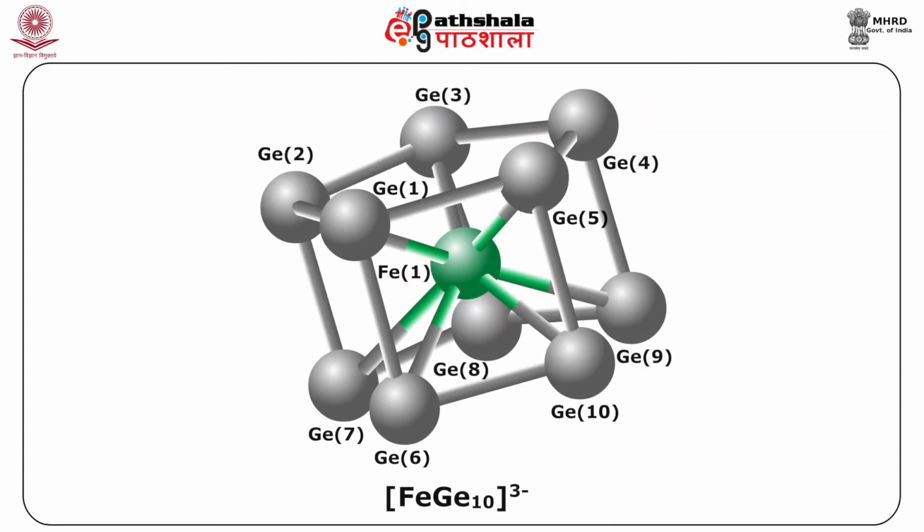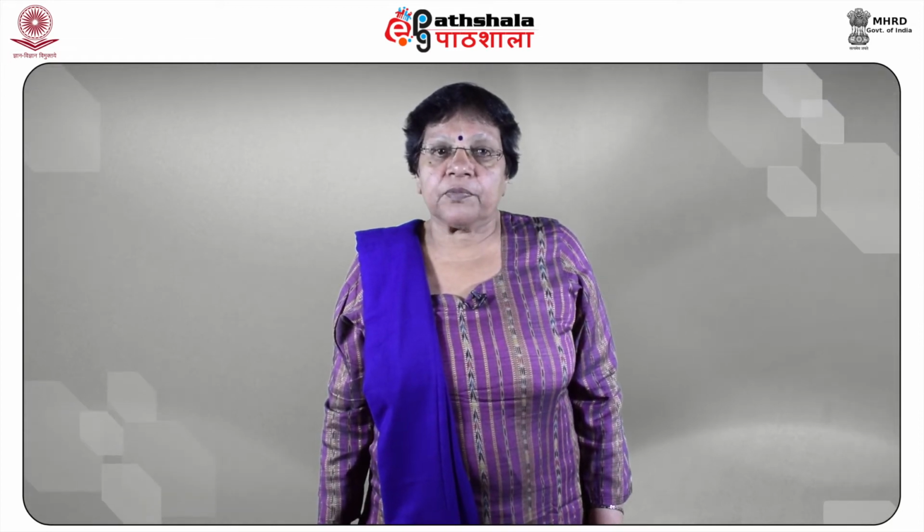An extremely interesting example is the encapsulation of an iron atom inside a pentagonal prismatic Zintl ion with the formula FeGe10 with 3- charge, the structure of which is shown at present. A large number of intercalated metal polyanions have been known which have been structurally characterized in detail.